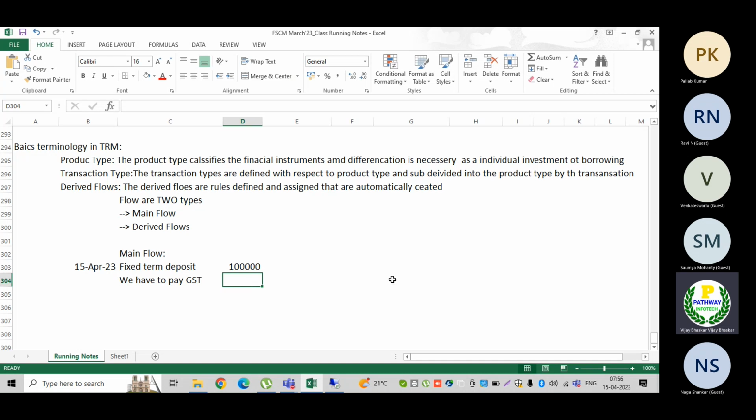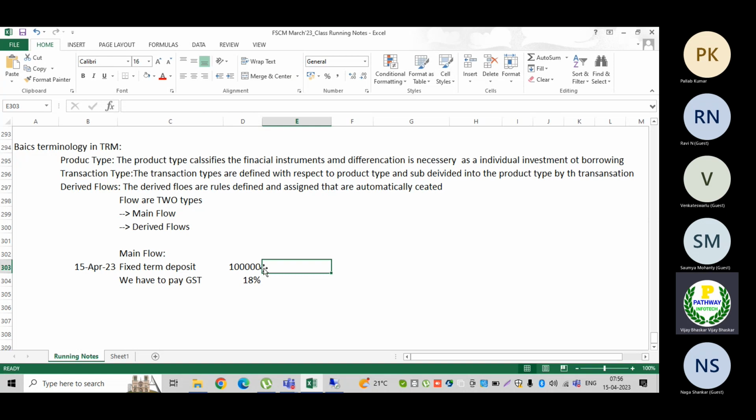Once you do the calculations externally, however you want, you can straightforward put the amount here. That is option number one. Or if you want to go by a certain percentage, you just give the percentage, 18 percent GST. So here you can understand, this is the main flow.